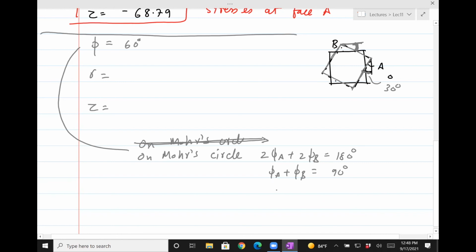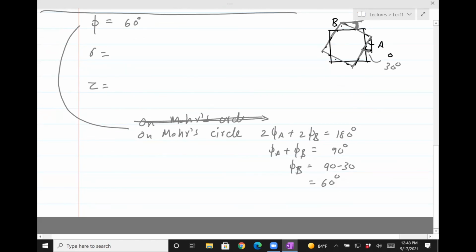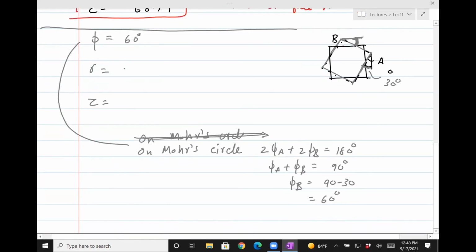So phi of B in this case is 90 minus 30. So it's 60 degrees. And so when you put 60 degrees, you get minus 4.1 MPa for sigma.